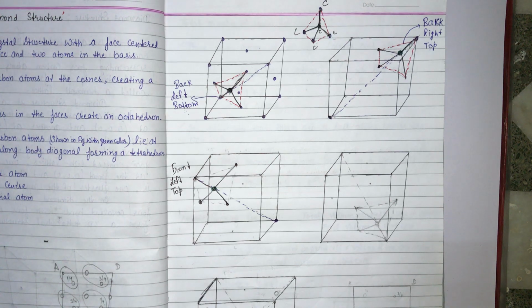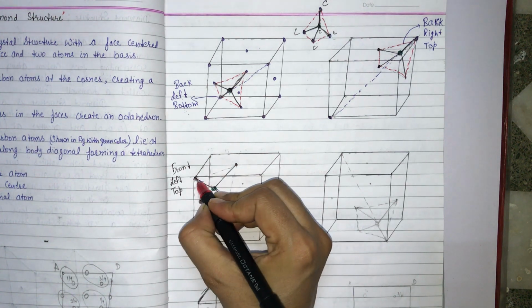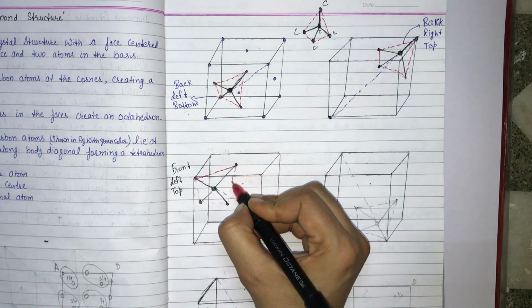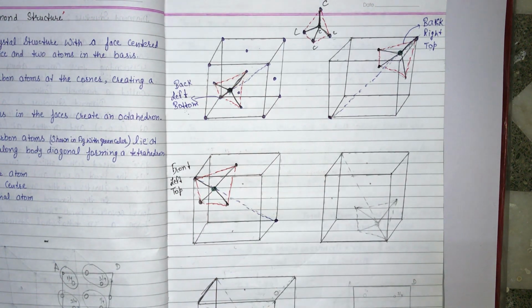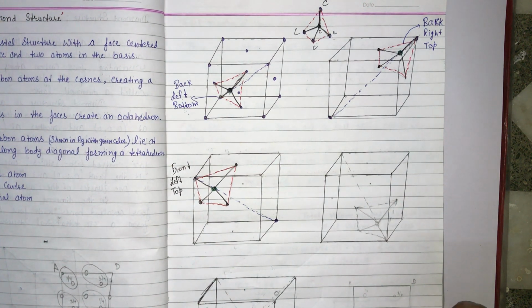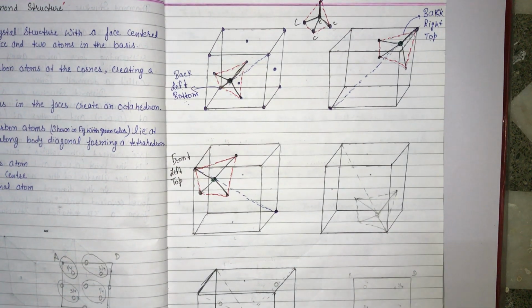Clear? So now make the tetrahedral. So this is the position of third carbon atom in this unit cell along body diagonal. Now let's mark the last fourth body diagonal position.